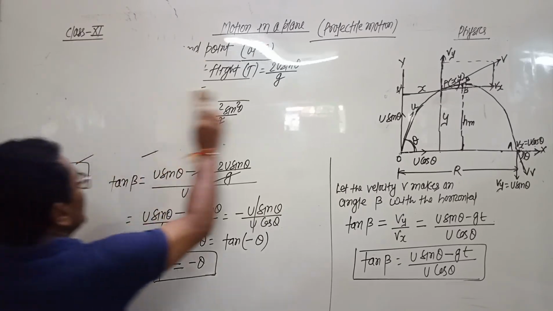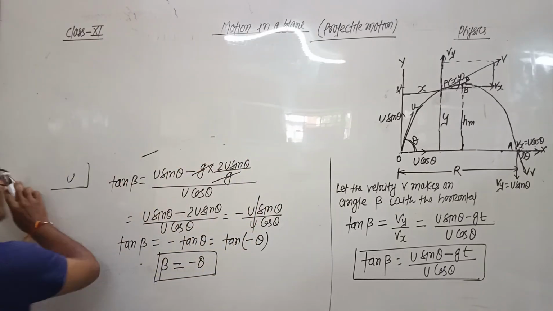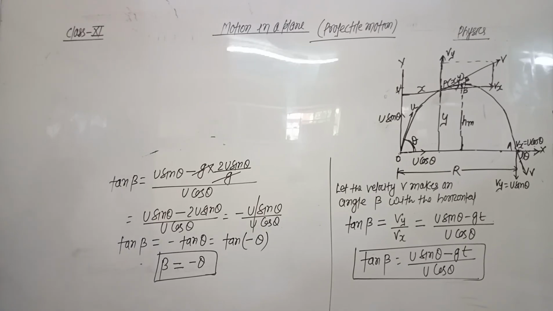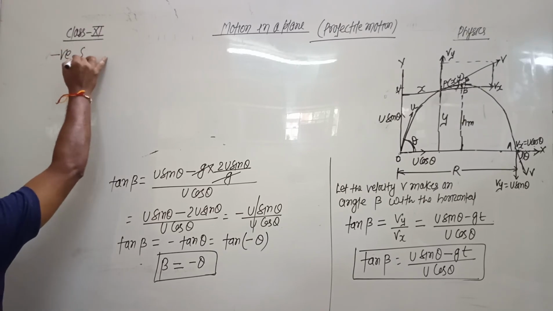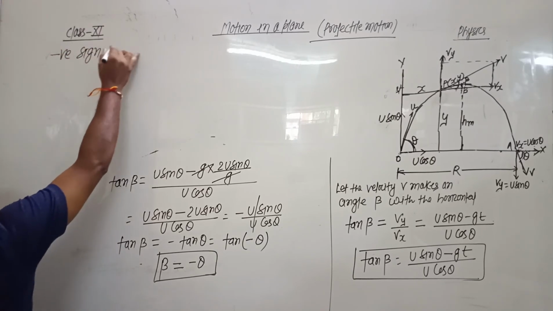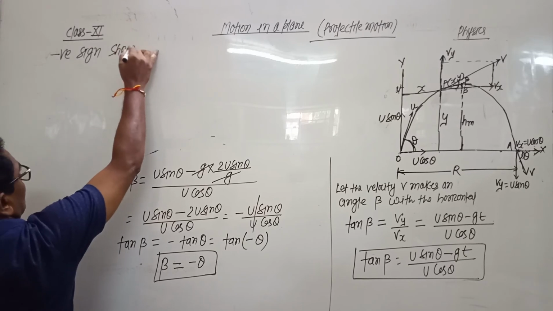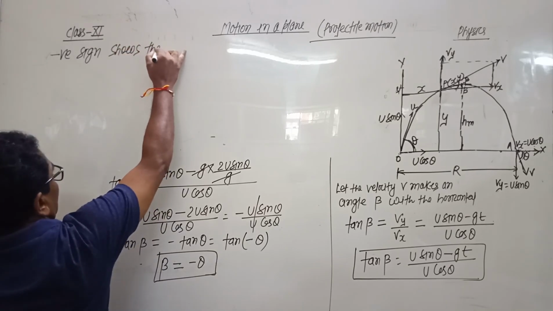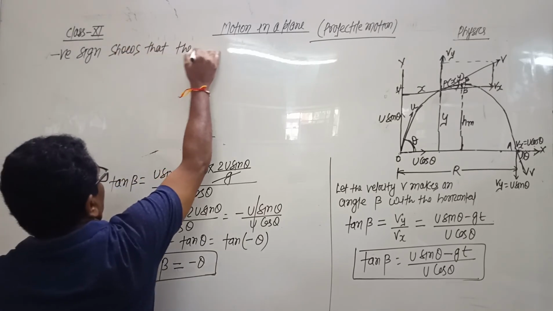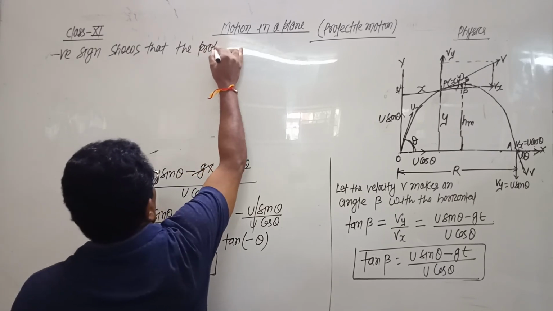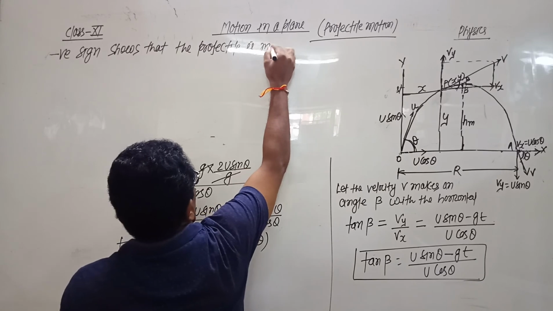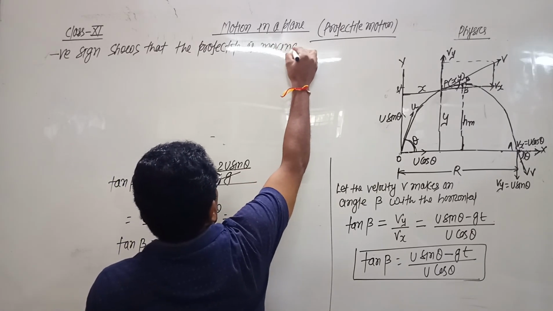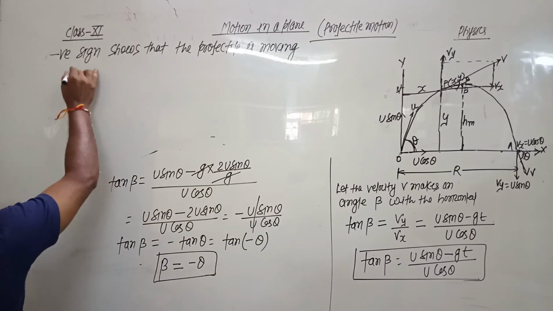So we conclude that the negative sign shows that the projectile is moving downward.